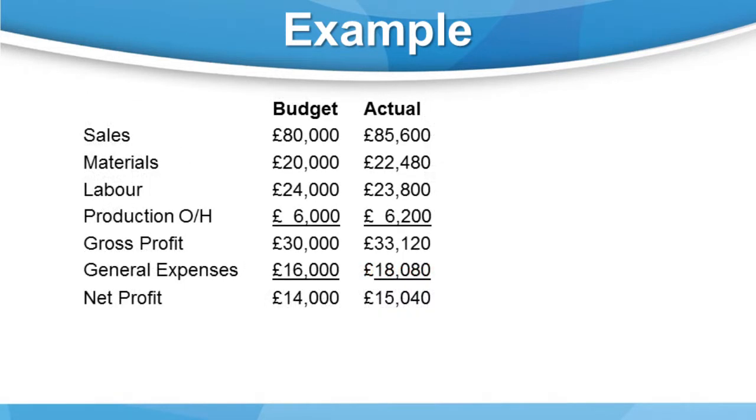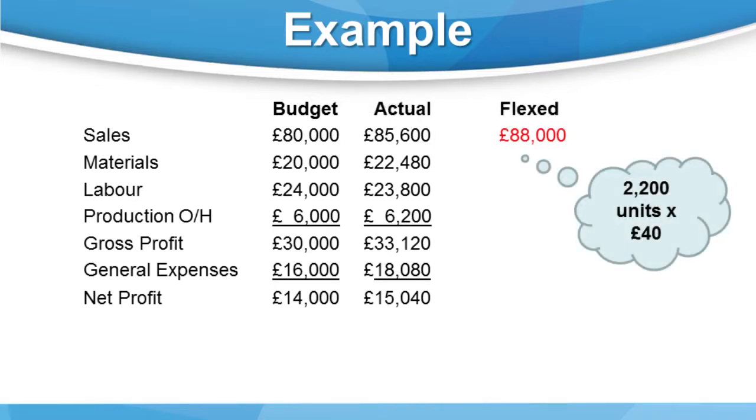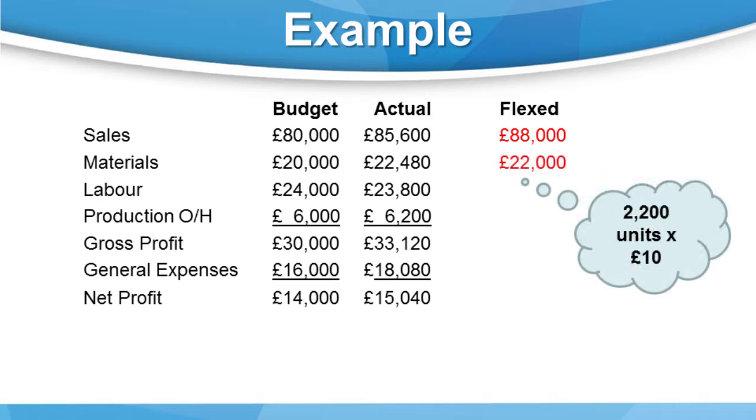Now we can start to flex the original budget in line with the actual production of 2,200 units. Let's start with sales. 2,200 units at £40 each is £88,000. Materials are 100% variable at £10 per unit, so 2,200 units would have been budgeted at £22,000.